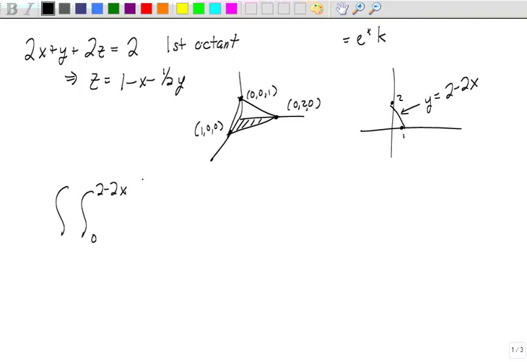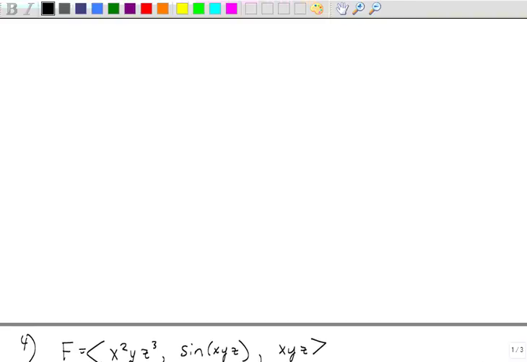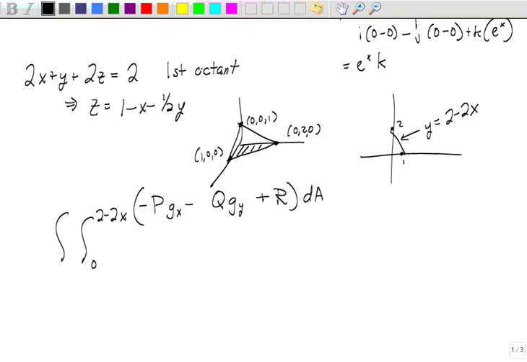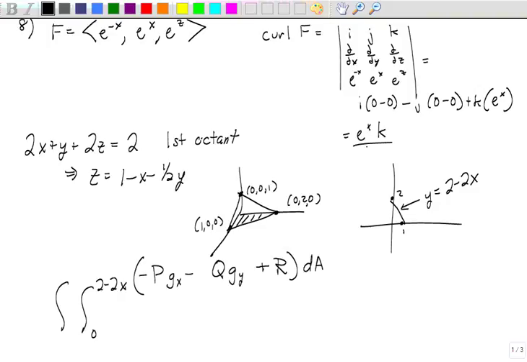Minus p, where p, q, and r are the components of the curl of f. Okay, so the curl of f, that's why we had to find it, was 0, 0, e to the x. That was up here.